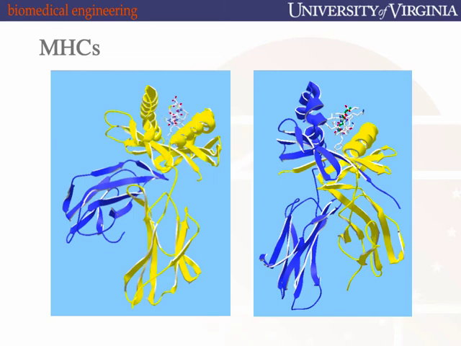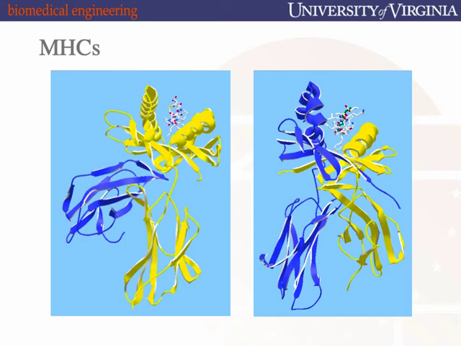It's bound and displaying. They're going to display different sizes, right? So an MHC1 is going to display peptides that are on the order of 8 to 10 amino acids. An MHC2 is going to bind and present peptide sequences that are around 18 to 20. Okay?